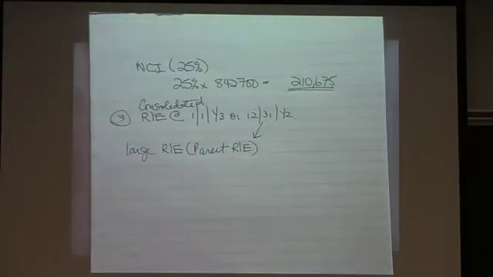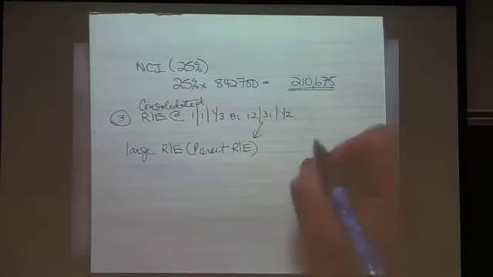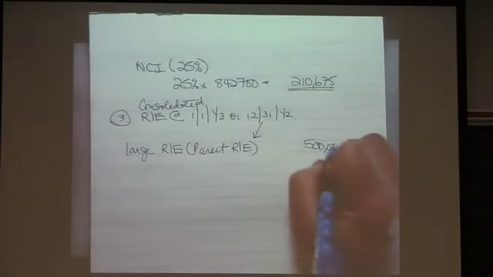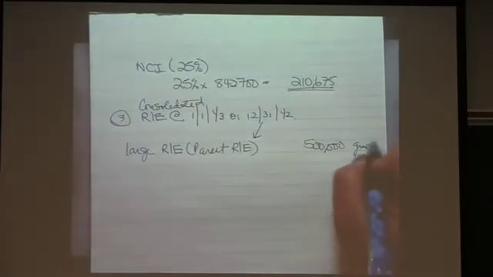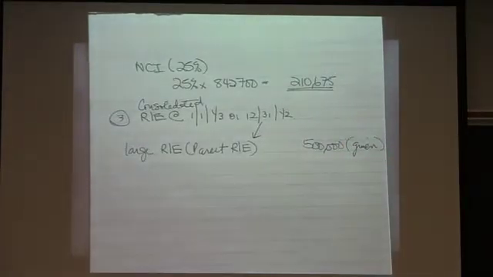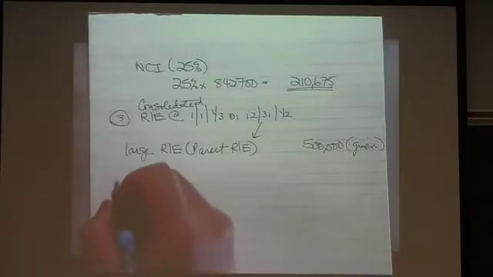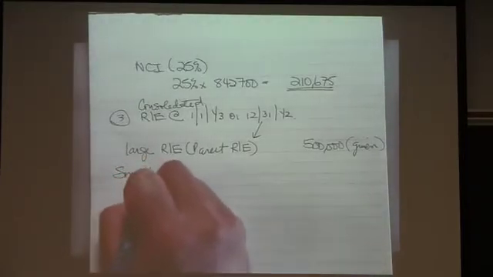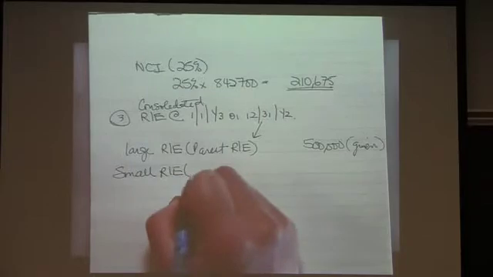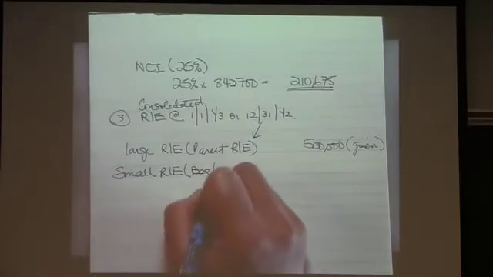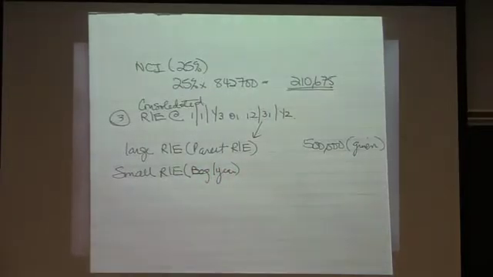And that was given to us as $500,000. So let me put the word given. Then we're going to take Small's retained earnings, again, beginning of the year. And how do we determine that? Well, remember, we did that same calculation.